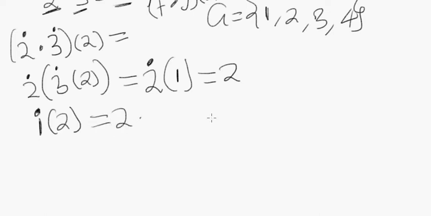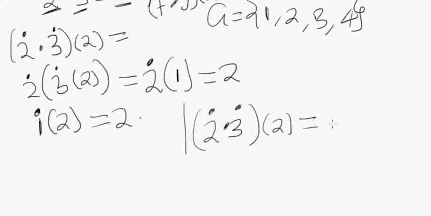So then the statement, if you view 2 and 3 as permutations, 2 times 3 as a permutation, we're saying that the permutation 2 of 3 applied to 2 is just going to give us 1 applied to 2. So 2 is sent to the same thing by this permutation and by the permutation 1.